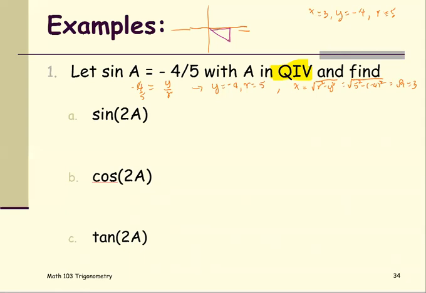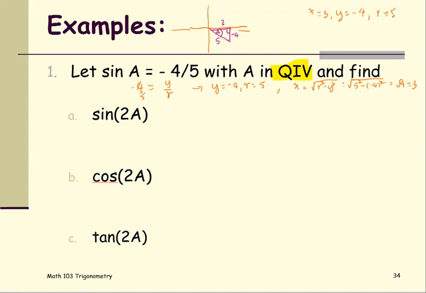We have the right triangle with the angle A located in the fourth quadrant: 3 here, negative 4 here, and r is 5. We're going to use this triangle, or the numbers for x, y, and r, to find the sine of the double angle, cosine of the double angle, and tangent of the double angle.